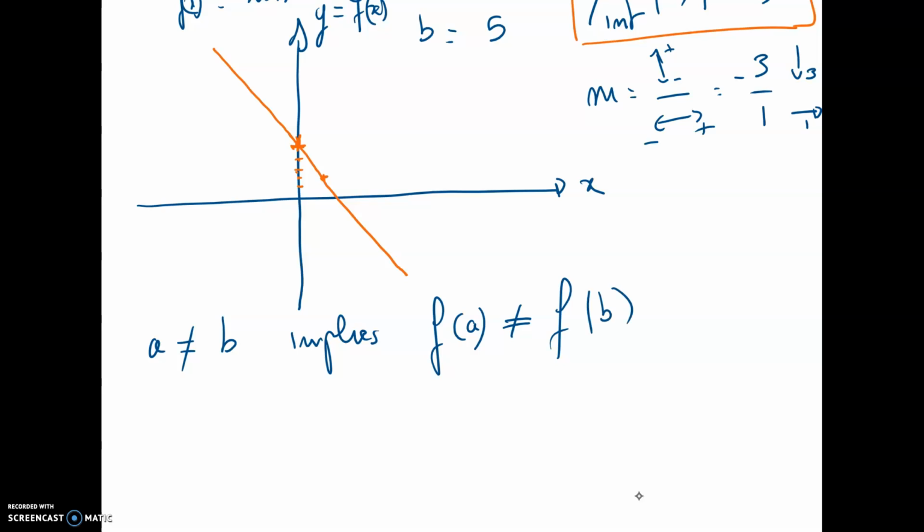So basically, f of a will be different than f of b. And so what I can do is I can choose two numbers, that value of a right here and that value of b right there. And I can clearly see that f of a is different than f of b. So yes, this function for problem number 1 is a one-to-one function.